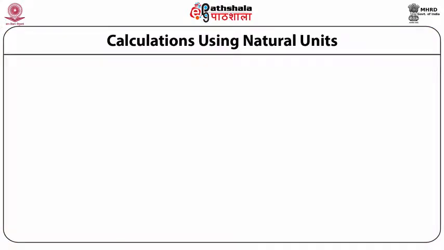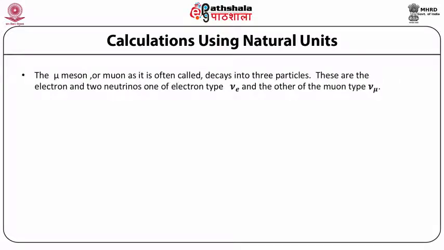Calculations using natural units. The mu meson, or muon as it is often called, decays into 3 particles. These are the electron and 2 neutrinos, one of electron type nu e and the other of muon type nu mu.